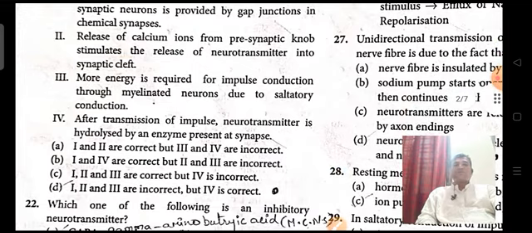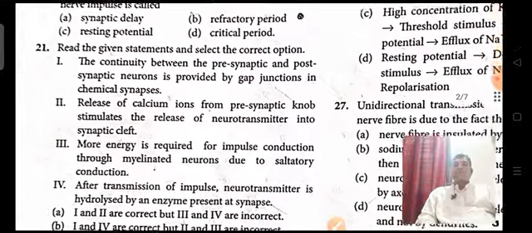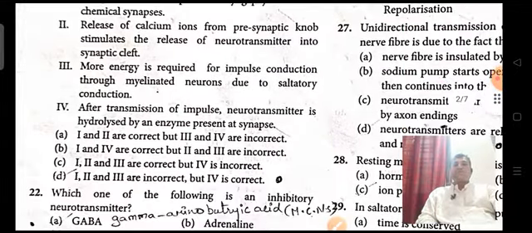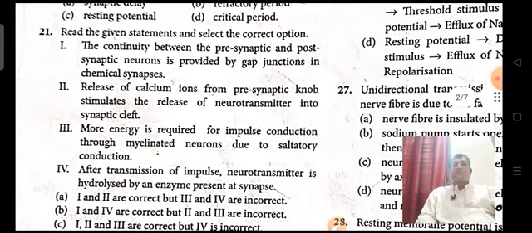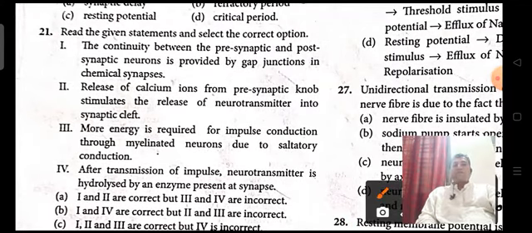So the first option is a wrong option. Continuity between the presynaptic and postsynaptic neurons is provided by gap junctions in electrical synapses, or mechanical synapses.